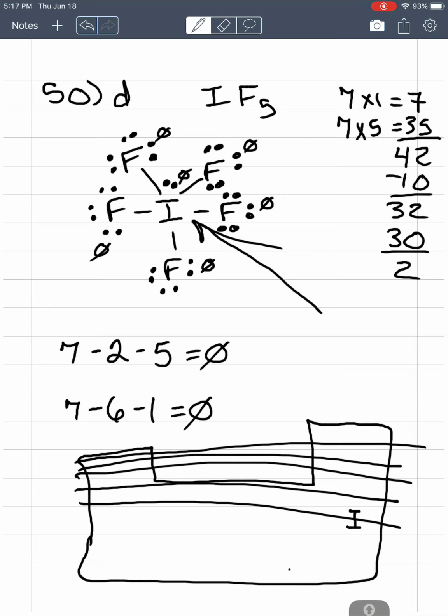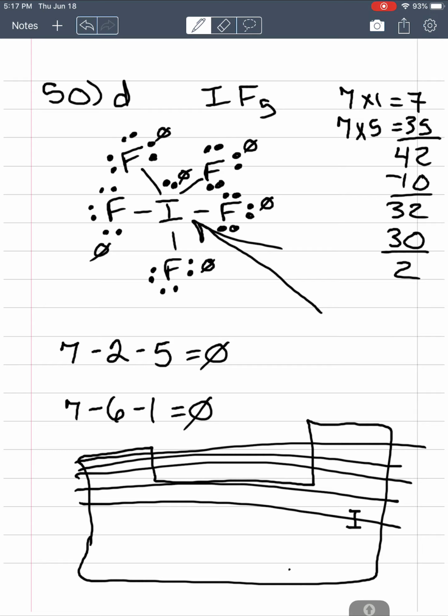So iodine is well below the 3rd row. Anything that's in the 3rd row or below can exceed an octet. Doesn't mean it will, but it can. You see that when we did the Lewis dot structure, it just fell out where iodine had more than 8. There aren't really rules where iodine can and can't. Iodine may have more than 8. So when you draw your structure and it has more than 8, that's fine.